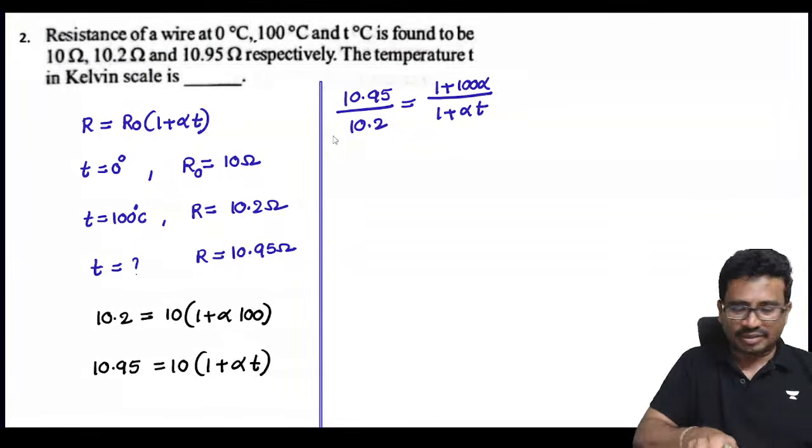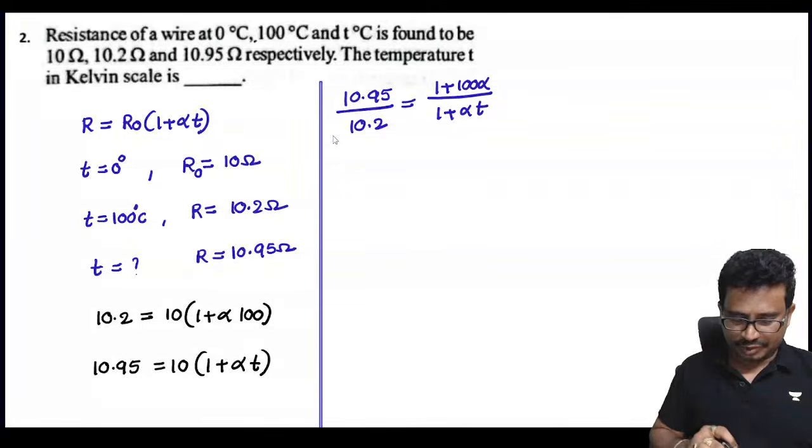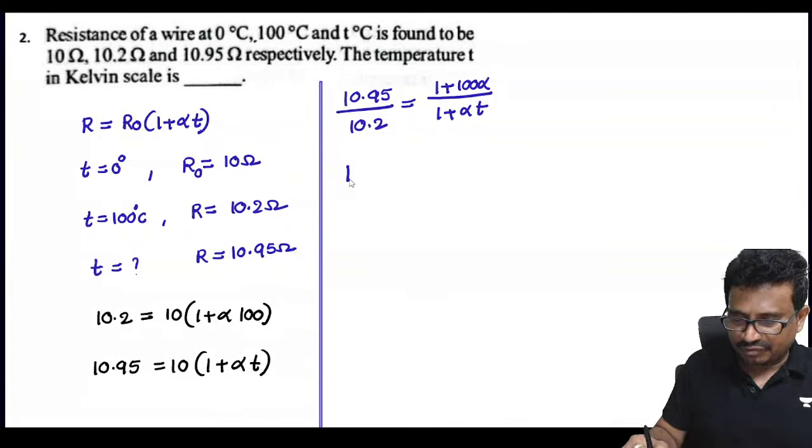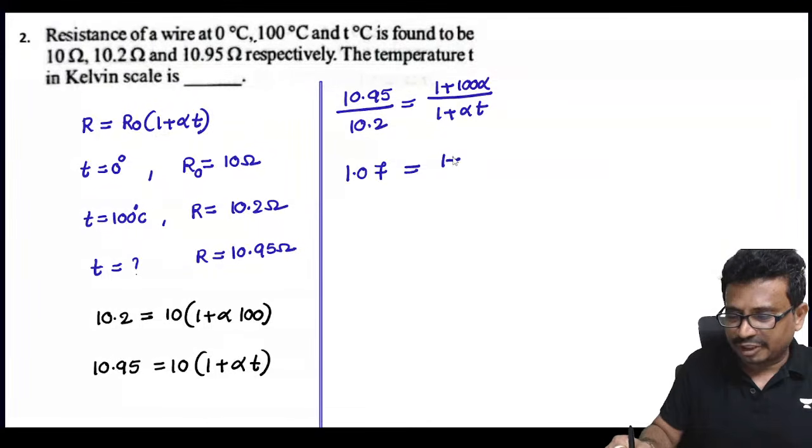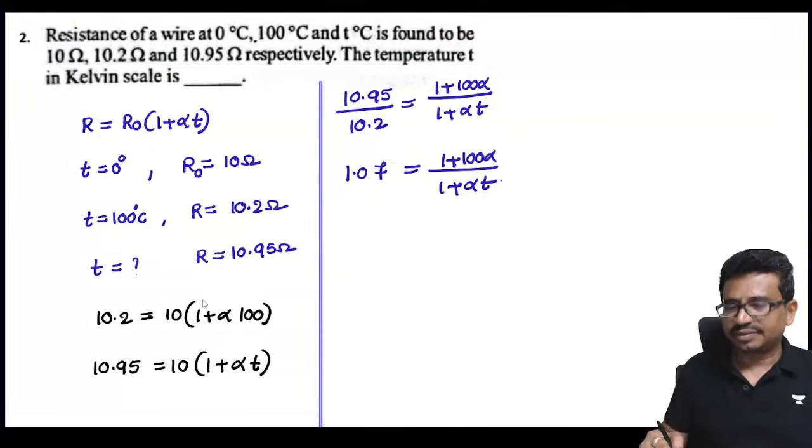How much will come? 10.95 by 10.2 comes to be 1.07, which is equal to 1 plus alpha T by 1 plus 100 alpha. Is the alpha value given?